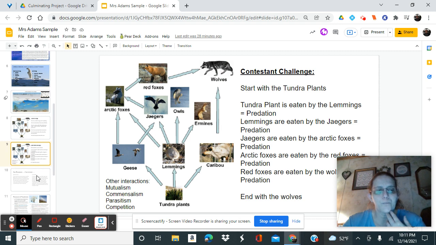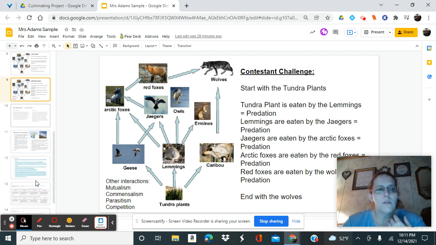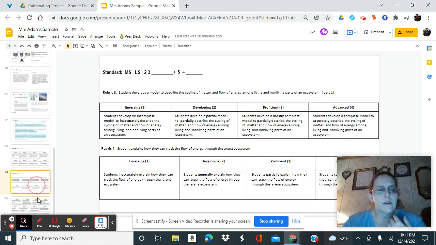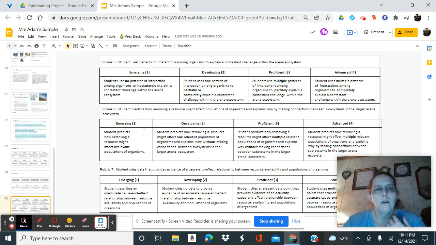I would like that. Okay, so the next rubrics we are looking at are rubric number 6 and 7. Rubric number 6 and 7 talk about resources and how they affect populations of organisms.